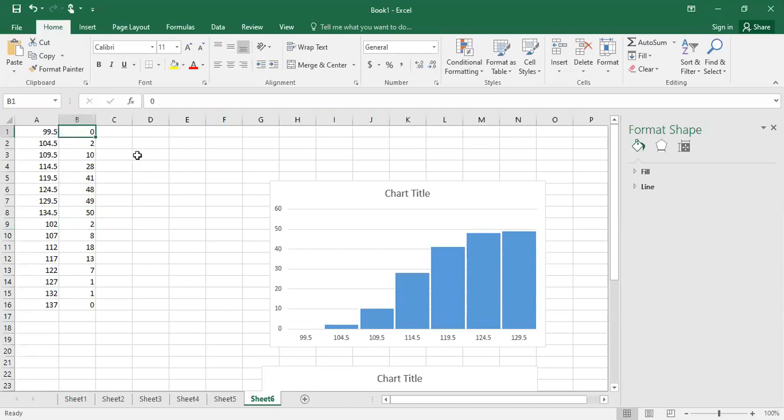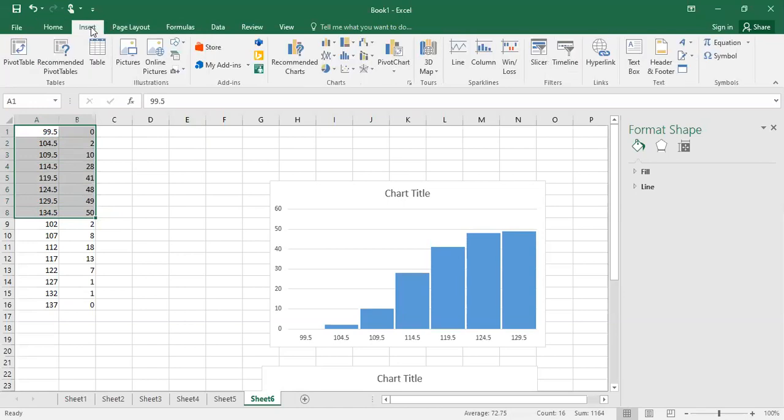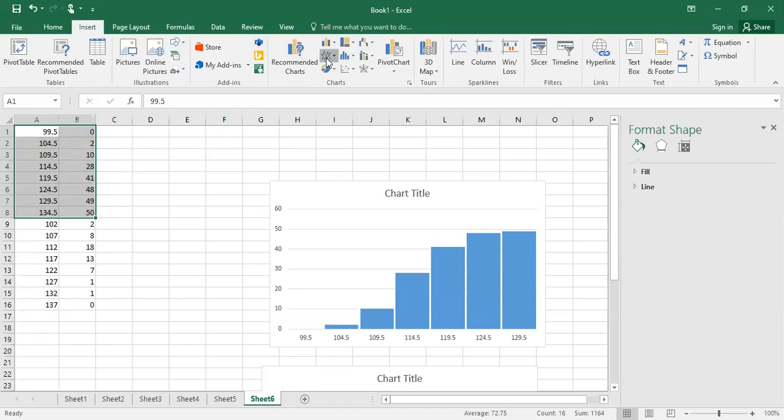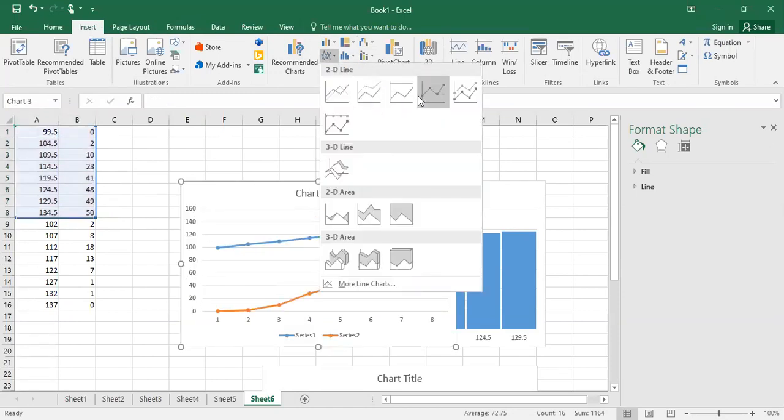So the first one here is 0. So we will highlight the class boundaries together with the cumulative frequency and choose insert. And then, oh no, it's a polygon graph.